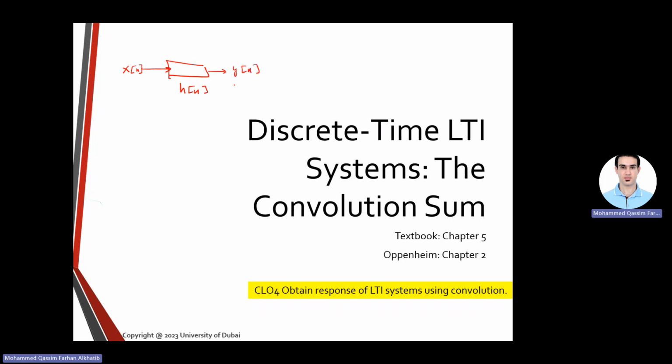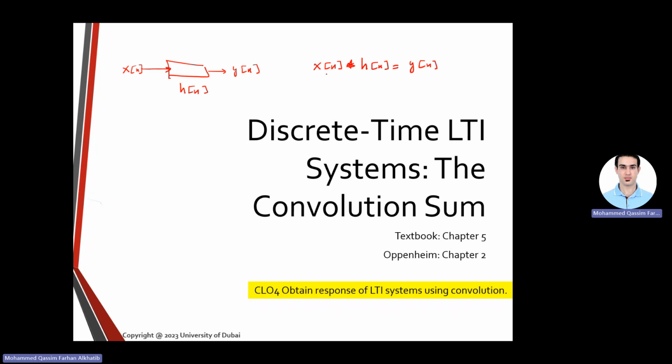The mathematical relationship between these three variables goes as follows: x of n, and we'll use the asterisk sign or the star, h of n equals y of n.